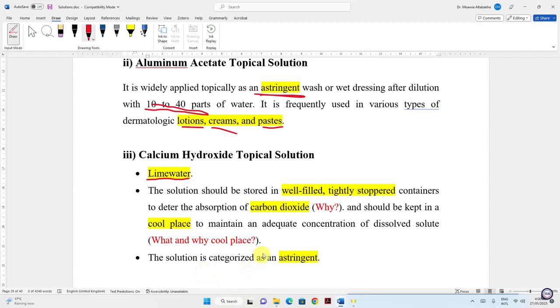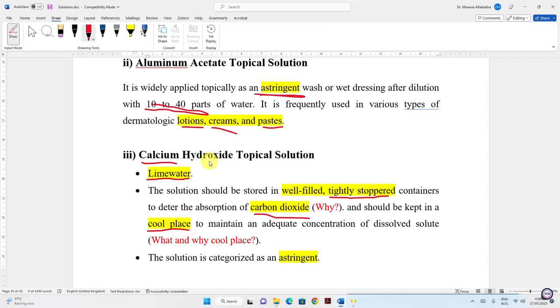Now we should pay attention that we should put it in a tightly stoppered container, and there is a reason for that. If air comes in contact with this solution, it will absorb carbon dioxide, and this will lead to the formation of calcium carbonate, which will precipitate. That's why it has to be in a tightly stoppered container, and also stored in a cool place. You know why?